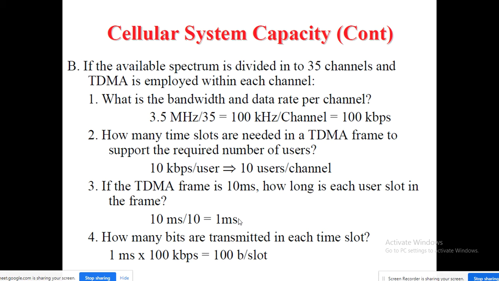TDMA is employed within each channel. What is the bandwidth and data rate? Right? So you can compute in terms of bits per second. They asked about data rate or bandwidth. So time slots: 10 users means ultimately that time slots will reflect that many users.